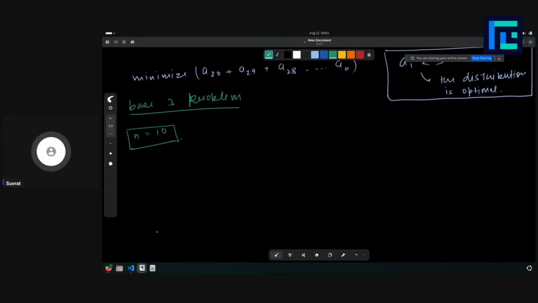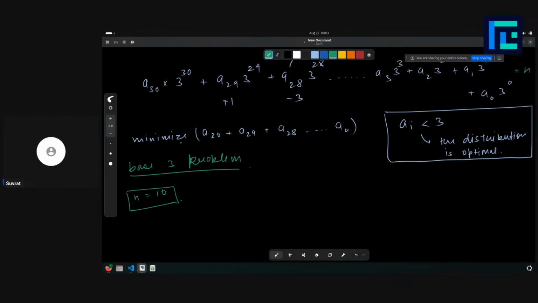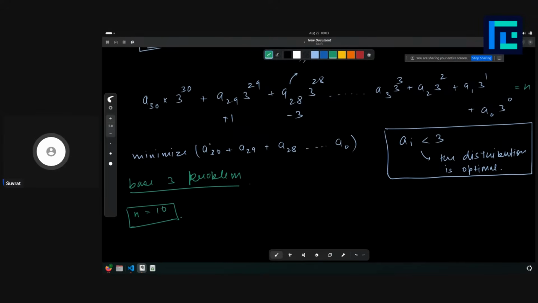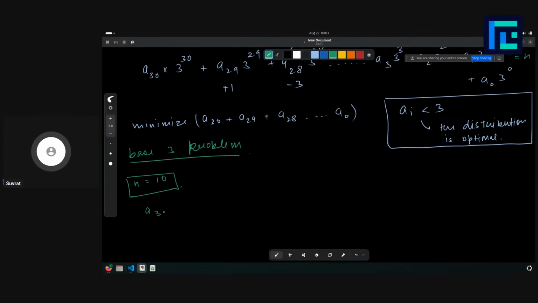The process of finding the base 3 representation is: let's write this as a30 into 3 to the power 30 plus a29 into 3 to the power 29 till a0 into 3 to the power 0 equal to 10, right? So now I need to find these coefficients.